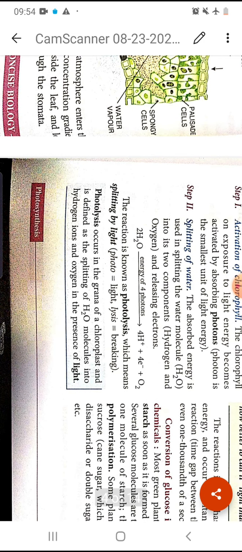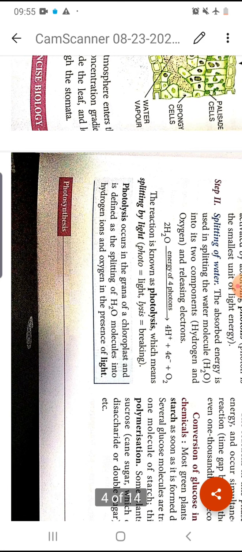So first, activation of chlorophyll is done. Next is splitting of water. Okay, now the water absorbed by the stem will split into two components. So you can see in this reaction that 2H2O, with the activation of photon, or light energy, will convert into 4H plus, 4 electrons and oxygen.